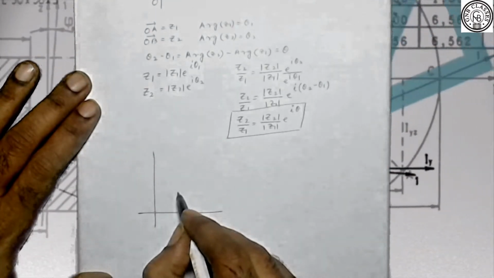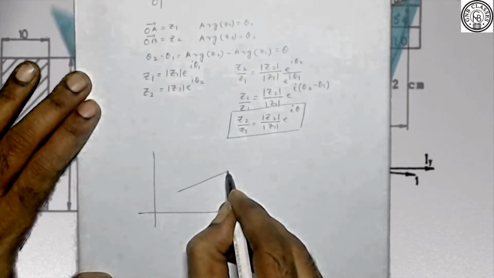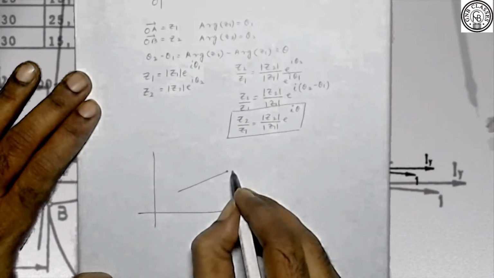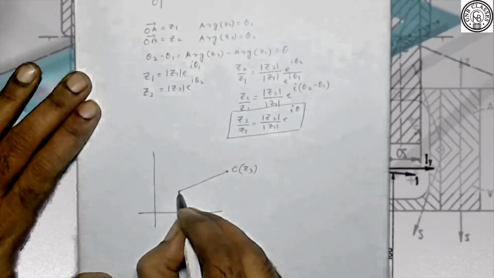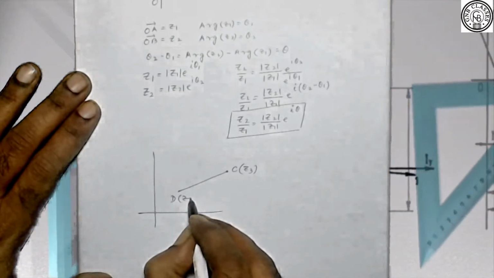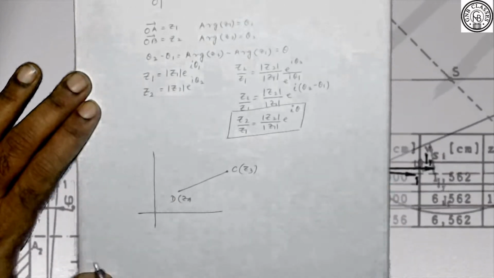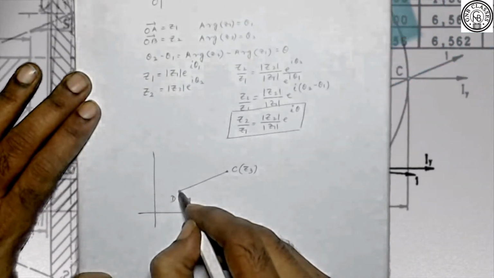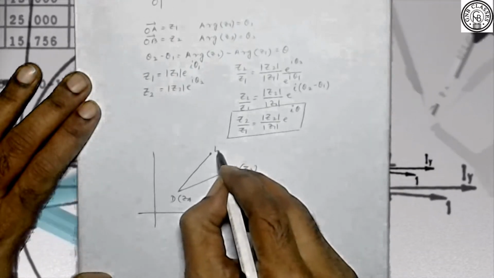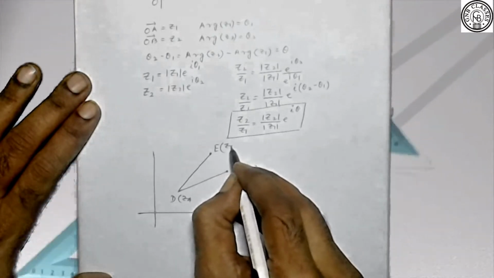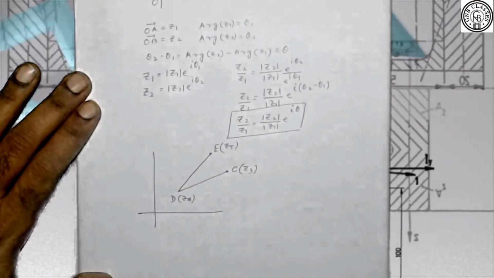Let us say we are moving the OA vector here. Now the position vector of this point, let us say C, is Z3. This is say D, which is Z4. And we are moving the OB vector to this point. Let us say this point is E and the position vector is Z5. Is it clear?